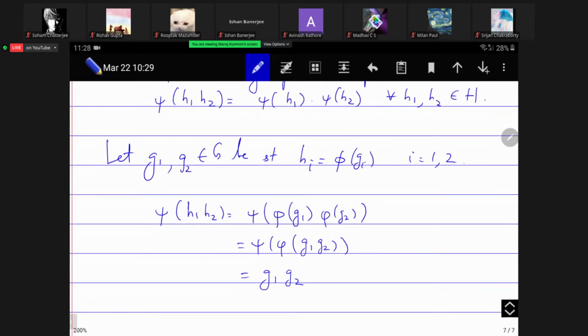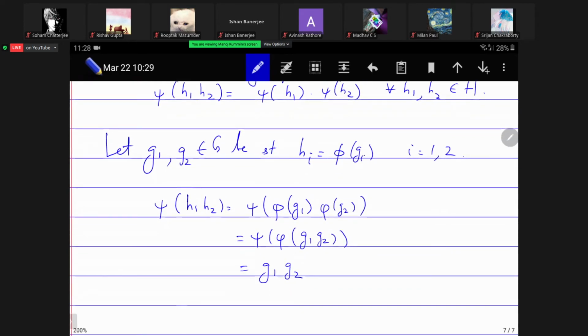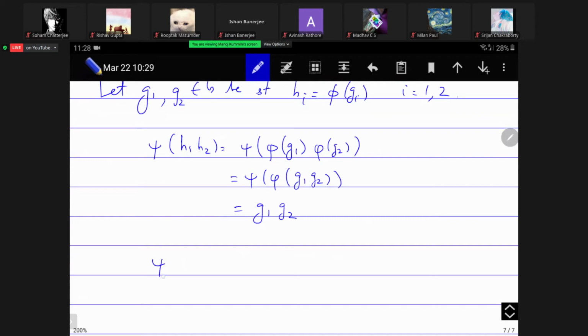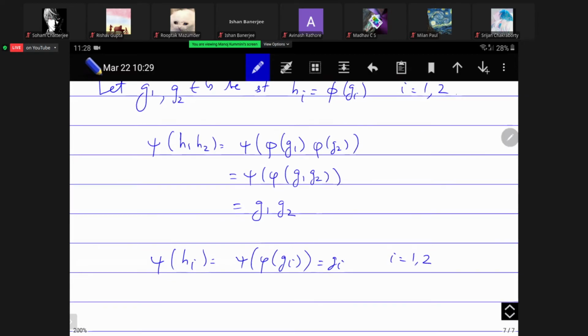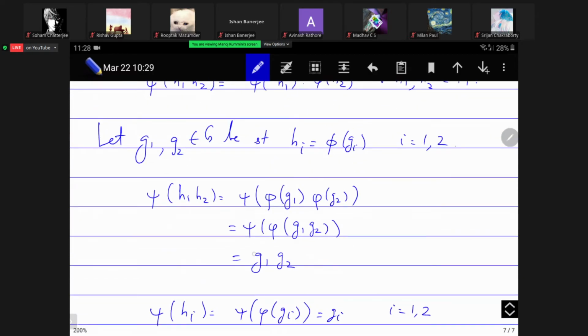So this is one thing. And psi of h_i is psi of phi of g_i. This is g_i for i equals 1 to n. Okay, that's exactly what we needed to show.